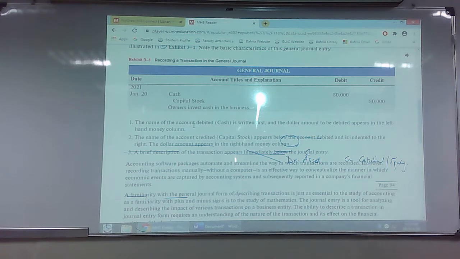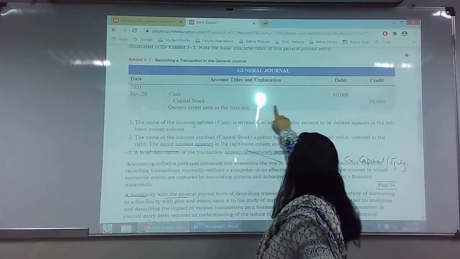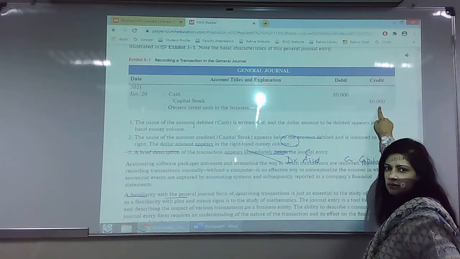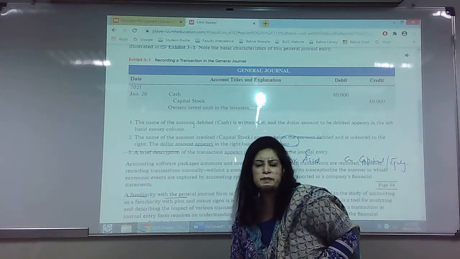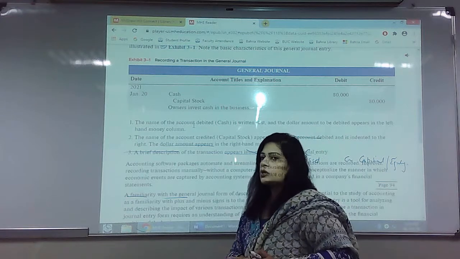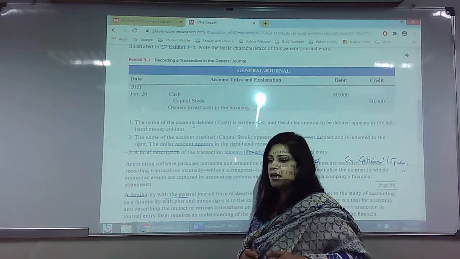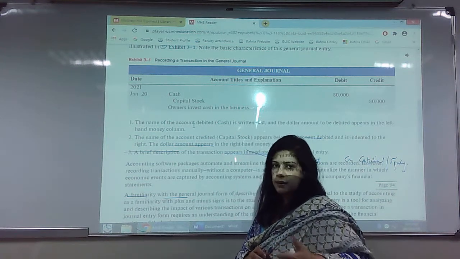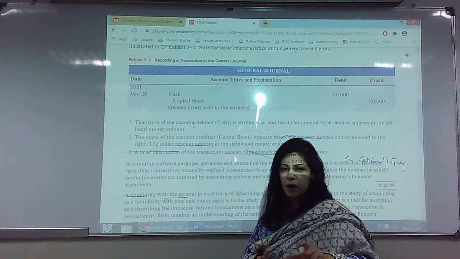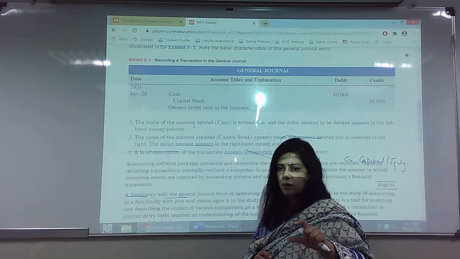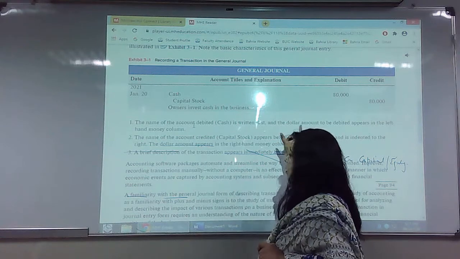So as you see, the cash is increasing, okay, and the capital stock is also increasing. Now you can ask that they issued the stock, so then that should be decreasing, right? But no. The capital stock is issued, it's never decreasing. It means that you have given them your word that, okay, this is our company, we need funds from you, and we have put your name as our partial owner, as we've given a small portion of ownership to you, as a proof of your investment.